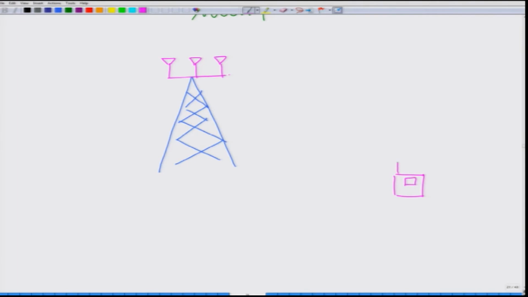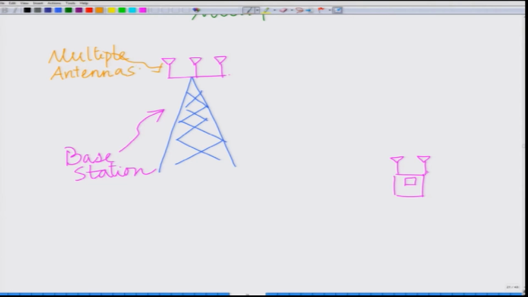So, this is my base station, which has multiple antennas, and this becomes your multiple input, because these are the inputs to the channel.